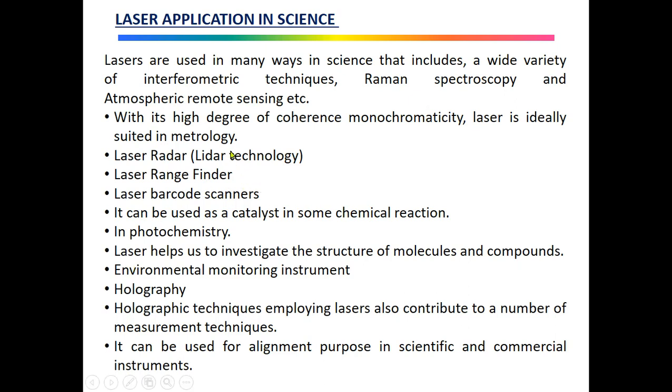Because of high intensity and very low divergence, even after traveling a number of kilometers, laser is ideally suited for this purpose. Similarly, it can also be used for alignment of scientific and commercial instruments because its divergence is very low.